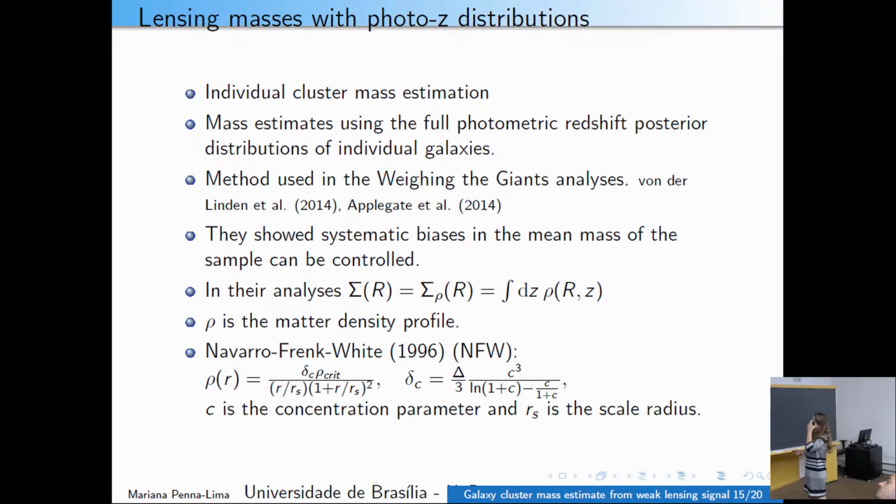So we are implementing one methodology where the biggest difference from other approaches is that we use the full photometric redshift distribution of each background galaxy that was lensed, for which we have the information about the ellipticities, to obtain the cluster mass estimate.